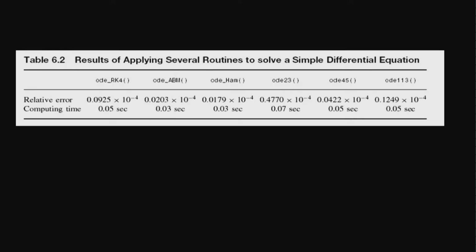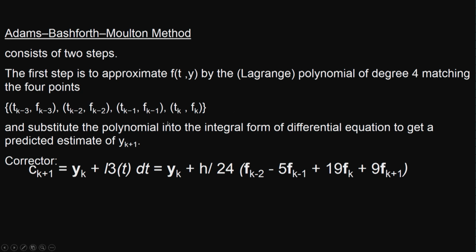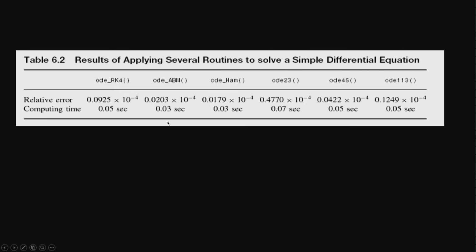So, there are so many different methods. We will not go, as I said, into this Adams-Bashforth method. As you can see, Runge-Kutta method, Adams-Bashforth, Heun's method, these are methods used in MATLAB. The computational time, you can see 0.05 seconds, 0.03 seconds, 0.03 seconds, and so on.